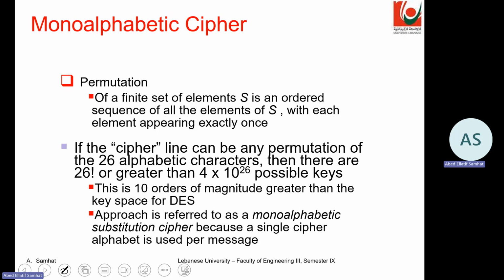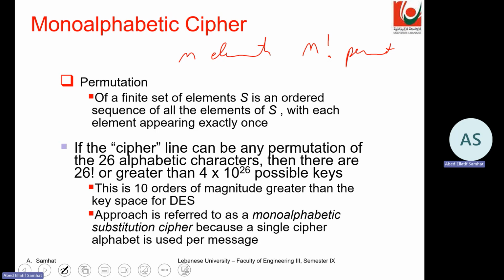If you want to use permutation, you know that if you have a set of n elements, and you want to make a permutation of those n elements, you have n factorial permutations. So that's why here it lies on the permutation, okay? And it's one of the interesting approaches to use monoalphabetic substitution cipher.